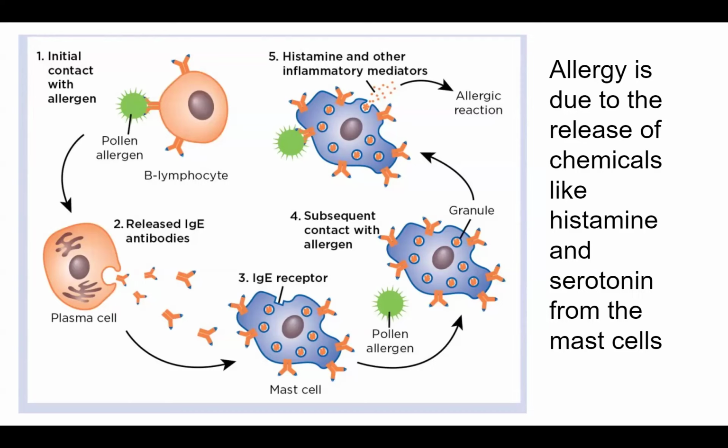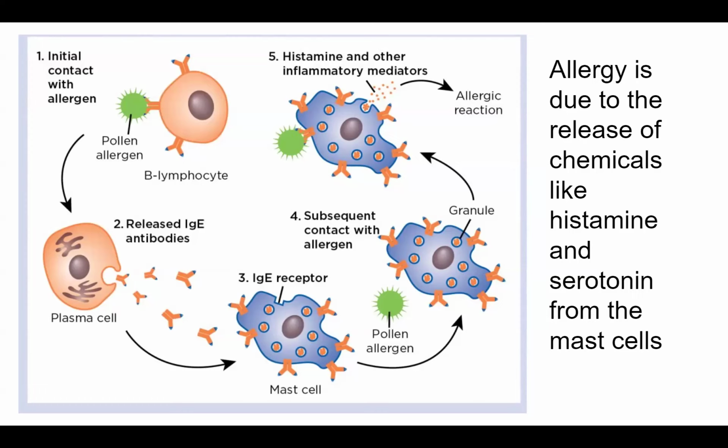So how does it occur? There is an initial contact of the person with the allergen. Once there is contact with the allergen, what will happen? The allergen will come and sit on the plasma cells or the B cells that I talked to you about. So the B lymphocytes are coming and sitting.